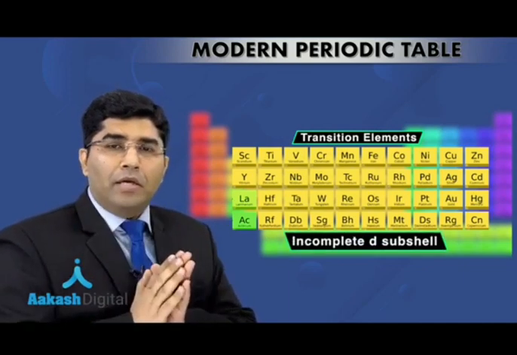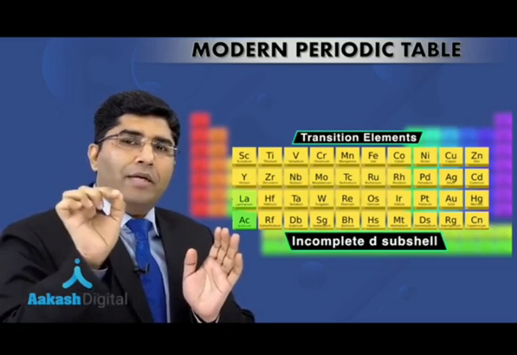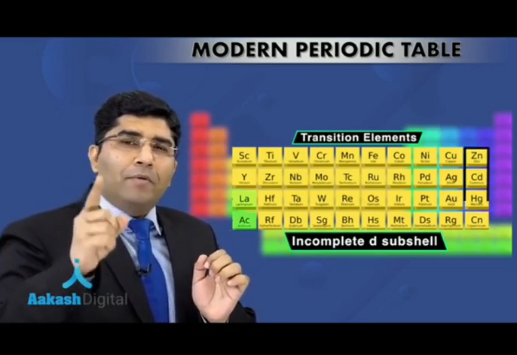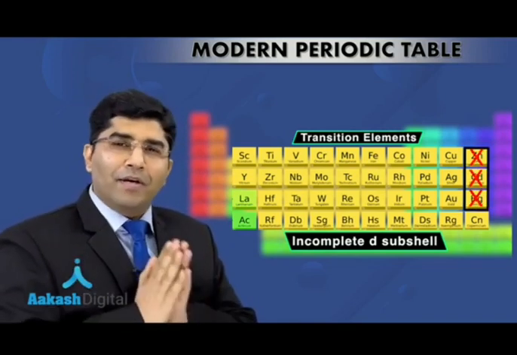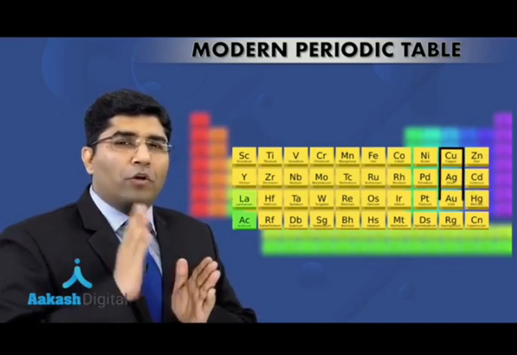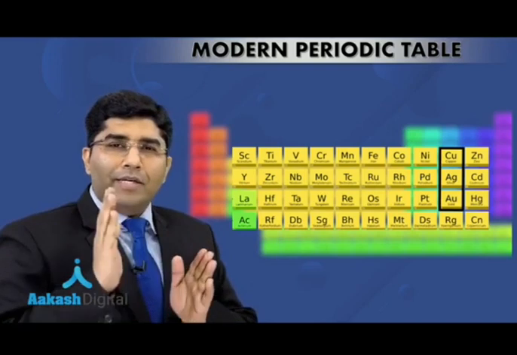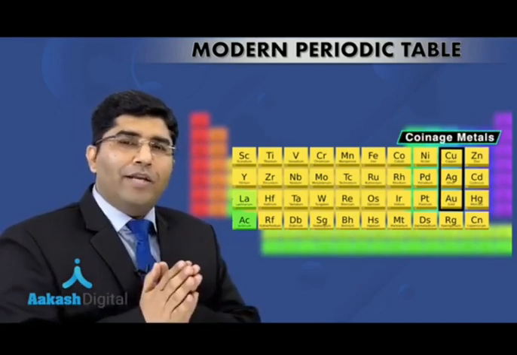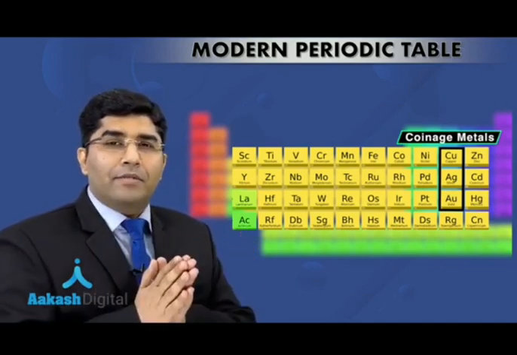So the element which has an incomplete D subshell, that will be the transition element, and it means that zinc, cadmium and mercury are not transition elements, right? If we talk about the group number 11, copper, silver, gold, this is called coinage metals. So these are coinage metals, means we can make coins of these elements, right?